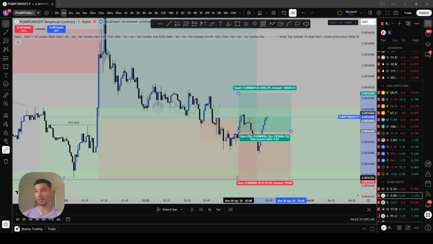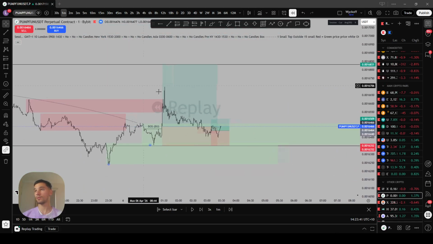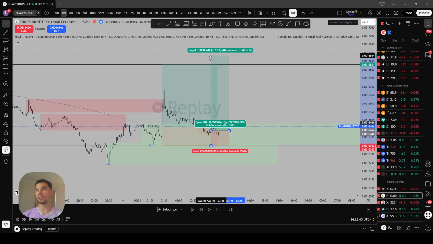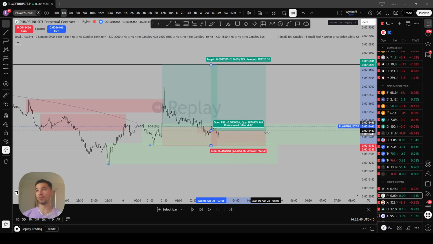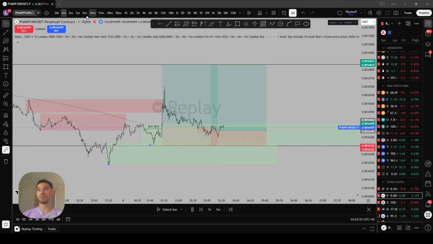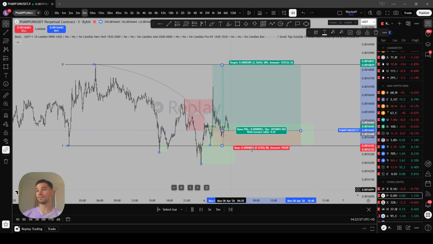Your stop loss stays beneath here. So then you would essentially have two positions, one with a 3.28 risk to reward, one with a 4.42 risk to reward. And then you can simply just be patient and wait.